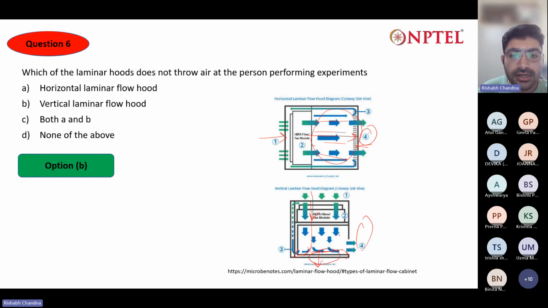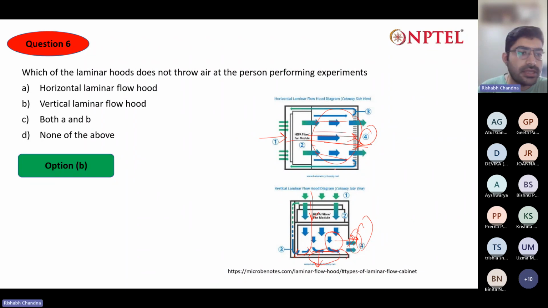So it will not directly pull the air onto the person who is performing the experiment. But in the case of a horizontal laminar flow hood, the air will be directly pulled onto the person that is sitting in front of it. So the answer would be B.